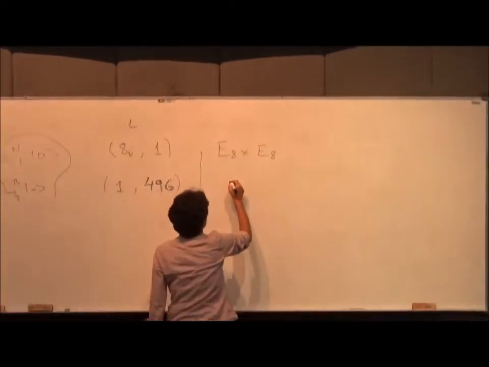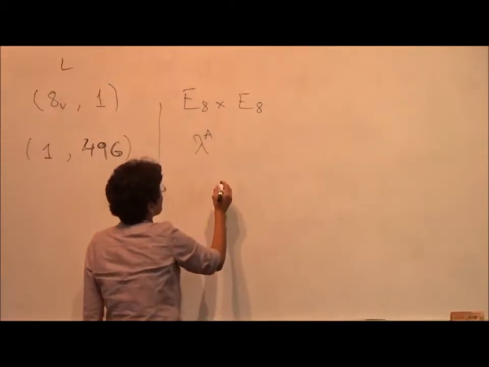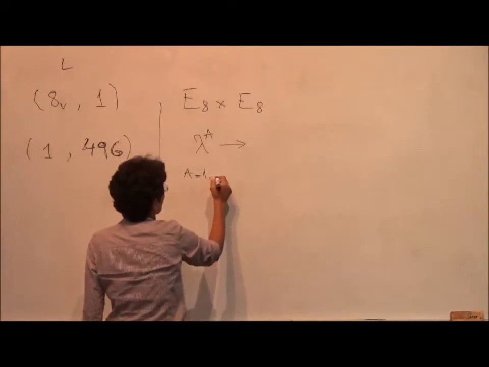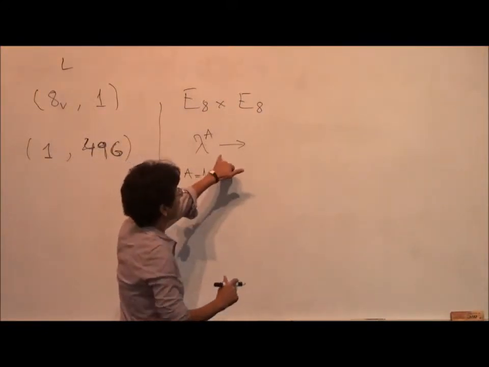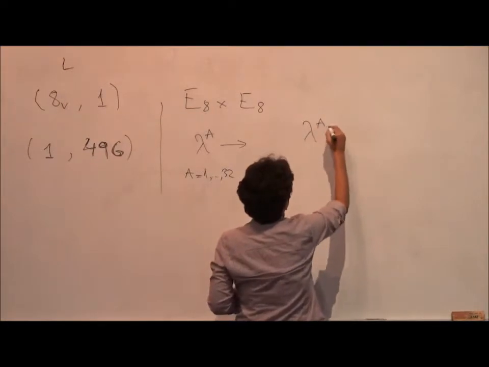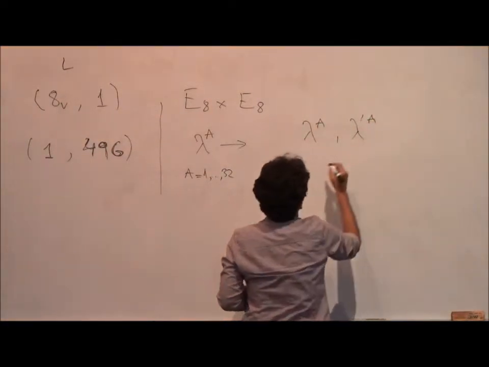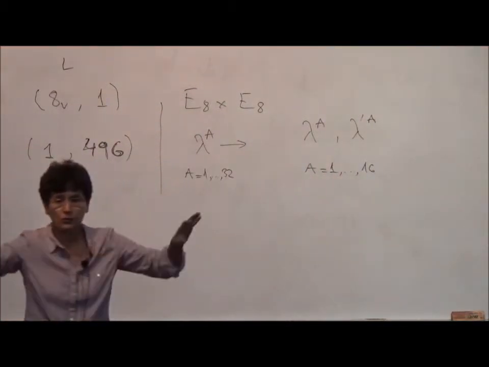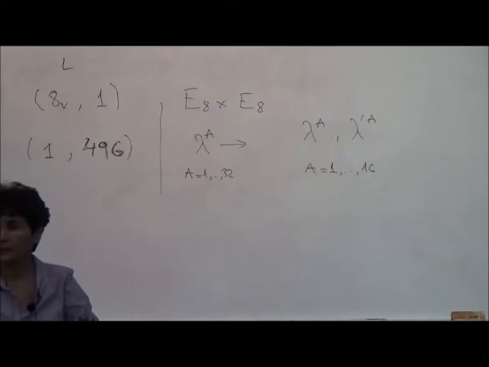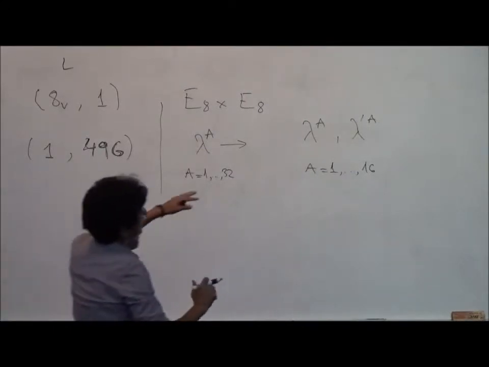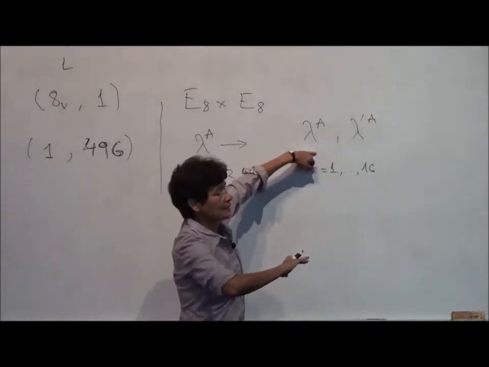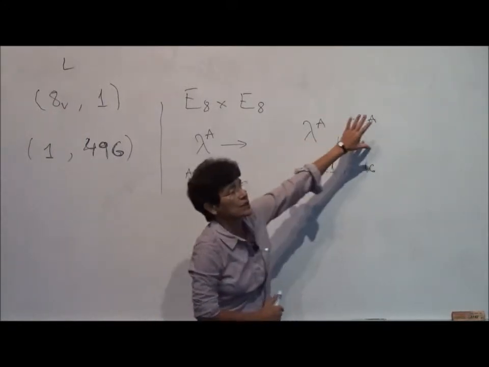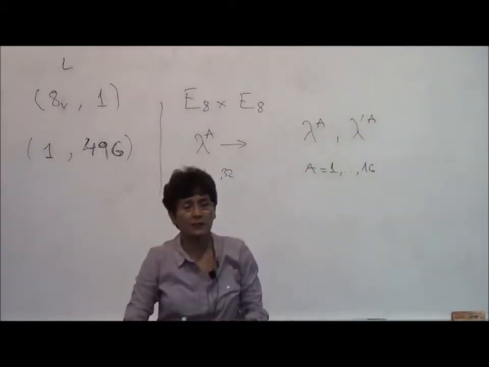what you have to do is you have these lambdas, which here in the SO(32) go from 1 to 32. But instead, we go to 2 sets. So you take 2 groups of 16 each. Now you have on the left side, for the left movers, 16 fermions and other 16 fermions. And what is going to be new?